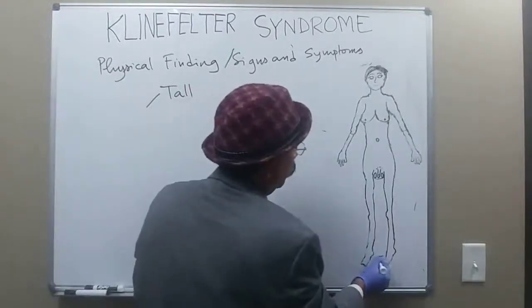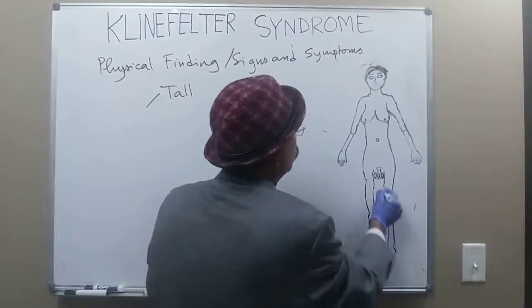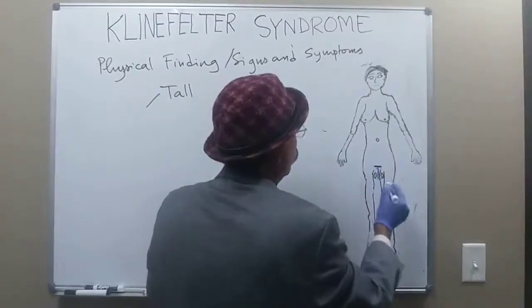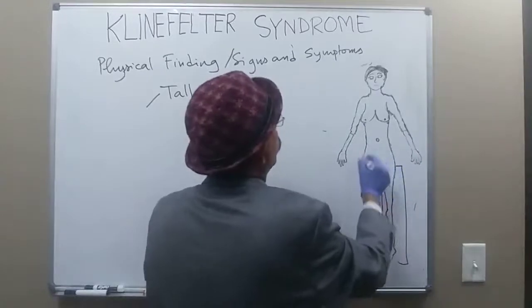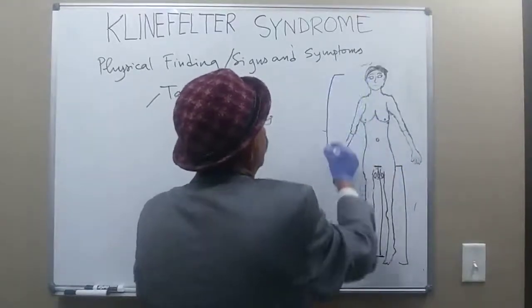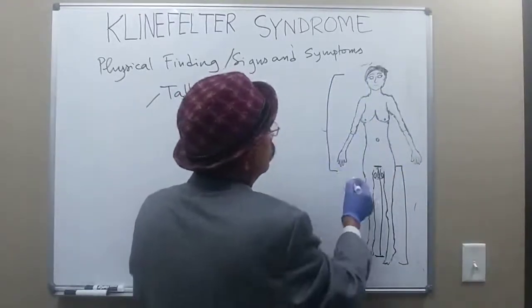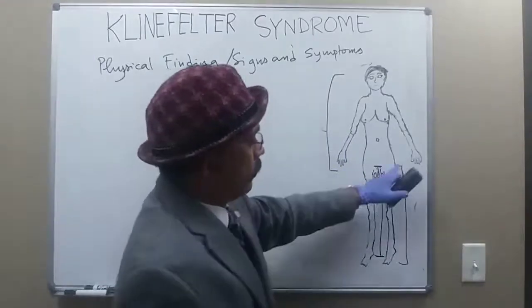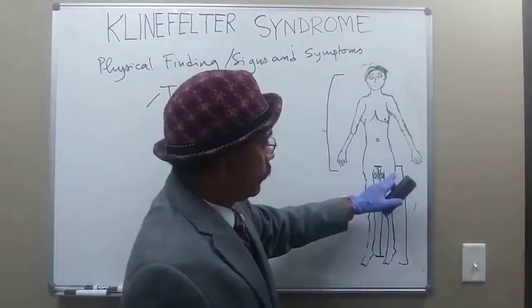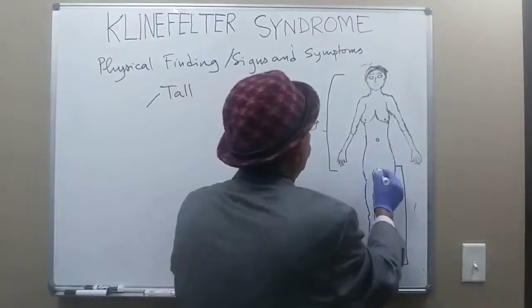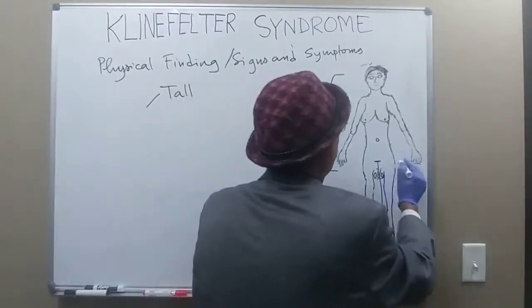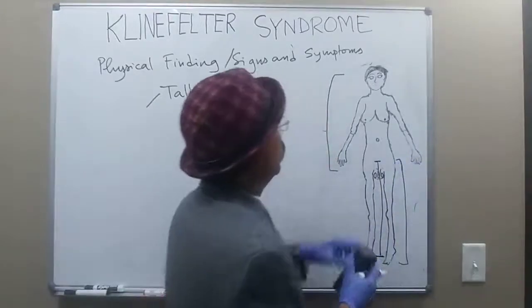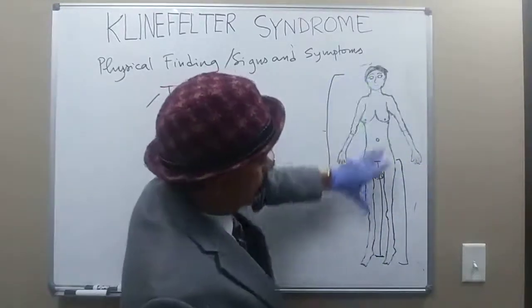The height from the sole to the symphysis pubis would be more than the height from the crown to the pubis. So this part is longer than this part.